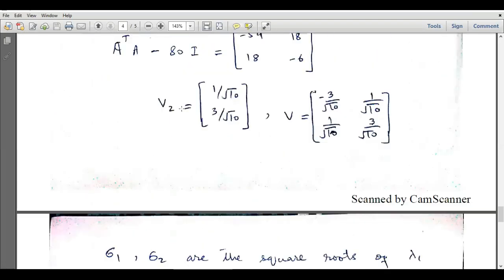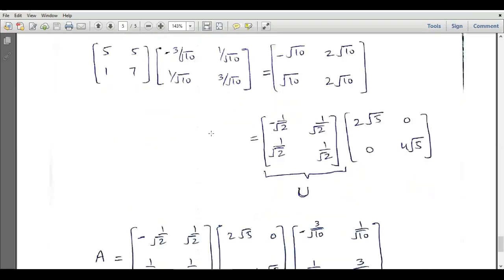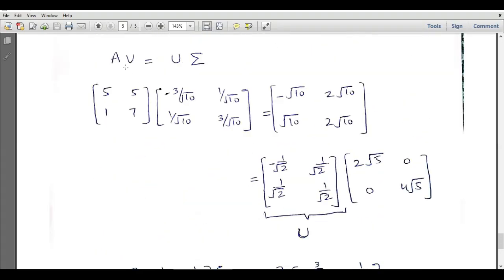Now the last matrix, which is the U matrix, can be evaluated from this expression. AV is equal to U sigma. Okay. So this is our AV matrix, right? So this is A, this is V. So the product of these two matrices is equal to minus square root 10, 2 square root 10, square root 10, and 2 square root 10.